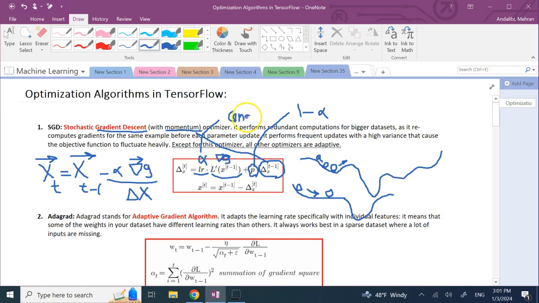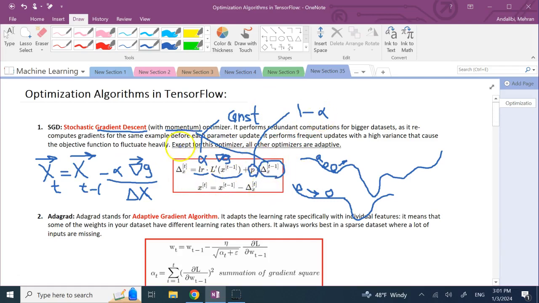Now we can create a function, as I showed you in previous videos, for rate scheduling. So we artificially and manually change this alpha, but this method is not adaptive. This optimizer is not adaptive. The learning rate is constant in it.